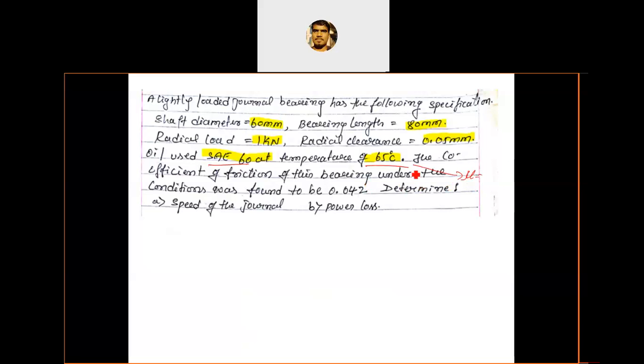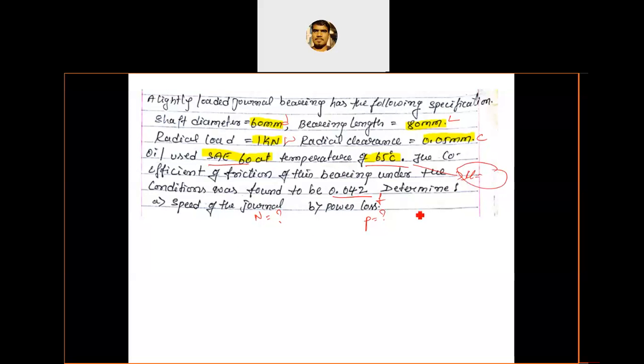Then the coefficient of friction of the bearing under these conditions was found, this is the small f. Determine the speed n, and you have to find the power loss. Here they have given W, shaft diameter, length, and C. By using the data handbook, first you have to find the mu value.